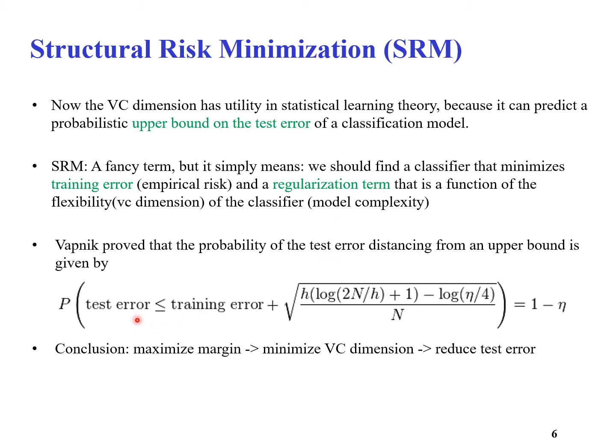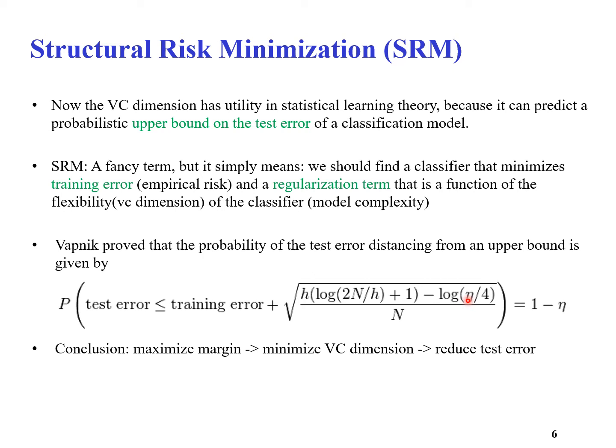So when you train, you minimize training error, and at the same time you have to minimize this regularization term. If you look carefully here, the regularization term is a function of h, which is the Bayesian dimension. Capital N is the number of data, and this eta is a constant related to the confidence level.